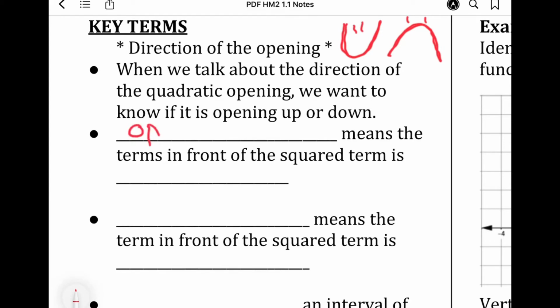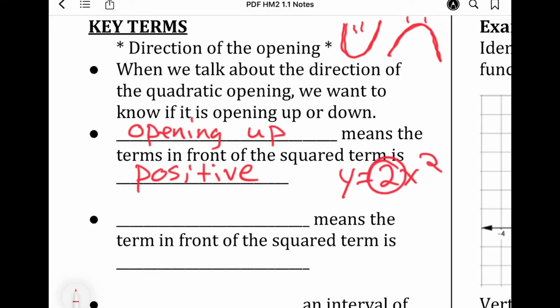If it is opening up, this means that the term in front of the squared term is positive. For example, y equals 2x squared: 2 is positive, so it would be facing up.